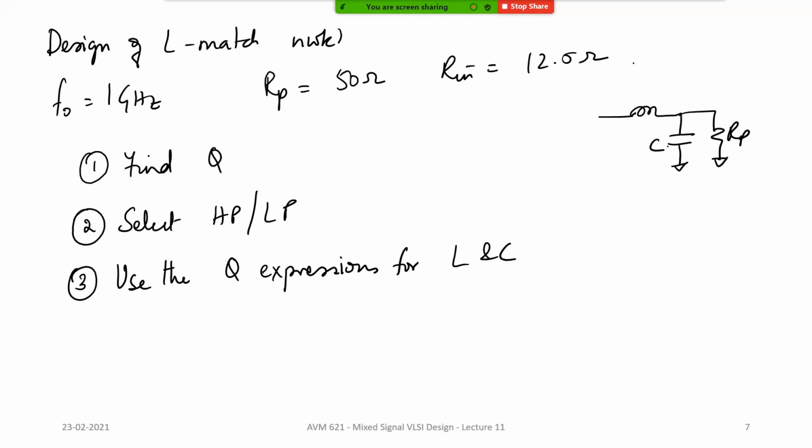Let's say this is Rp, and this is C and L. Okay, so Q is nothing but omega naught C Rp, and it is also equal to omega naught L divided by Rin, right? Because Rin is the series resistance with L, correct? So using these two Q expressions, you can find out the values of L and C.